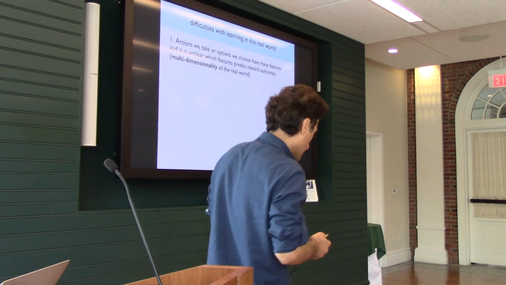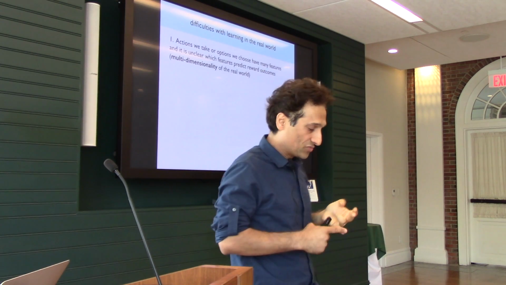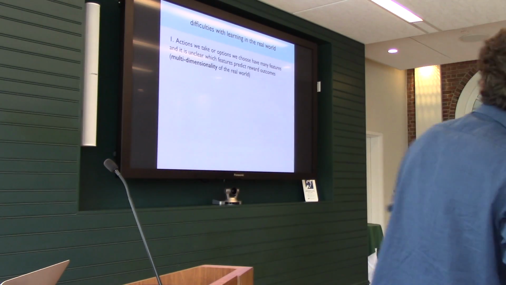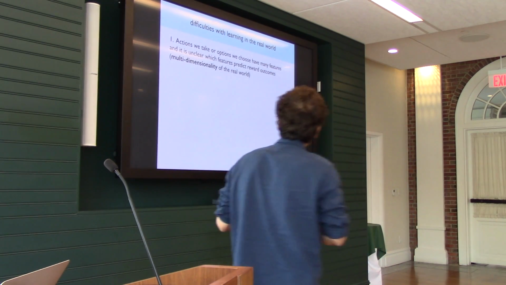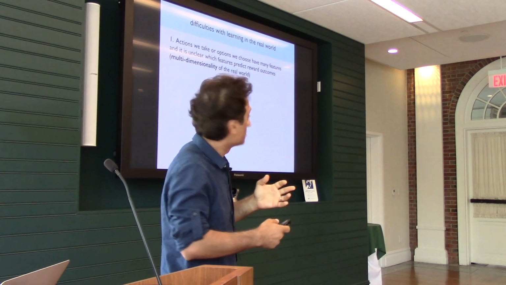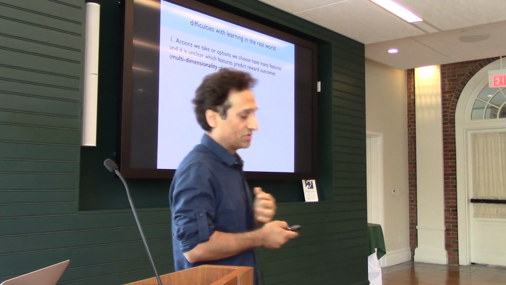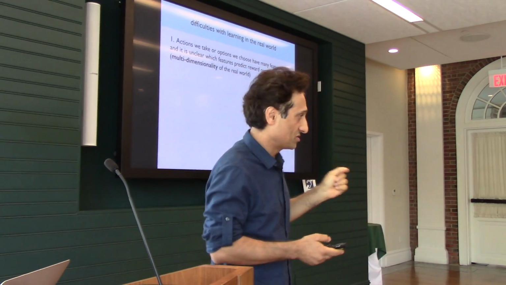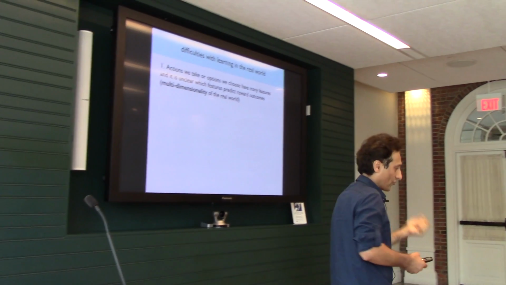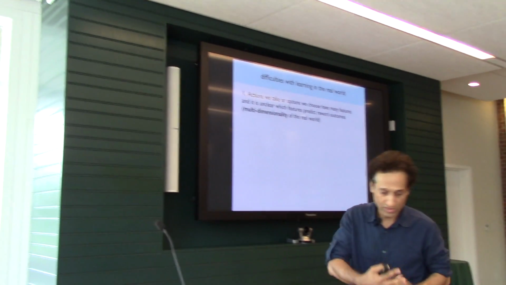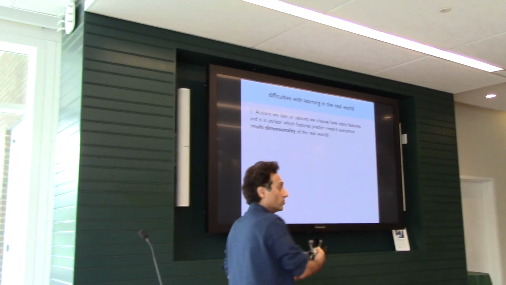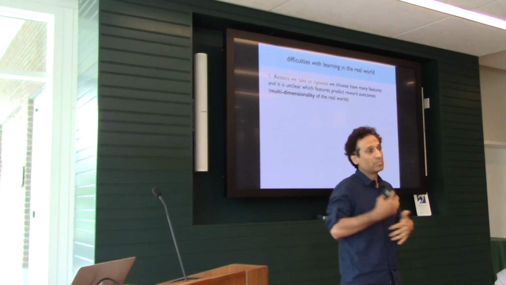So one thing that you need to remember is that any option you choose, any action you take, has many features. It's not clear what feature determines the outcome. So for example, you eat certain food and you enjoy it or not, it has many components.